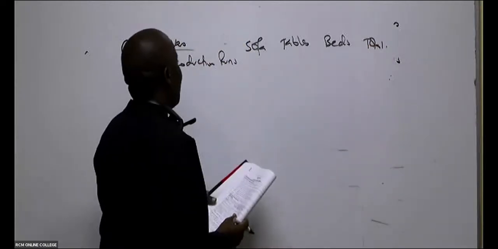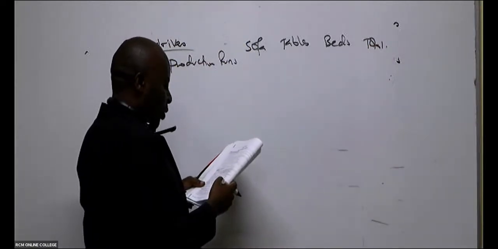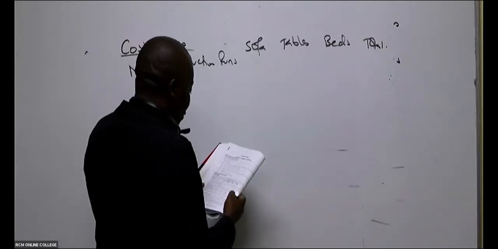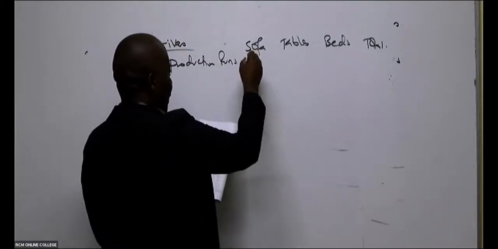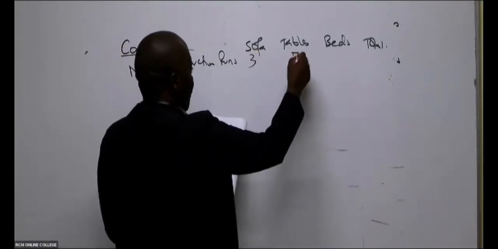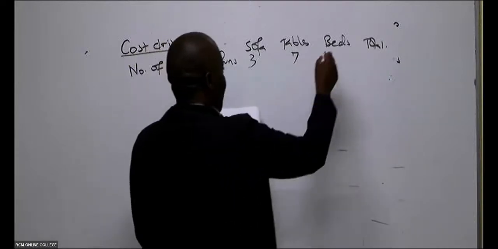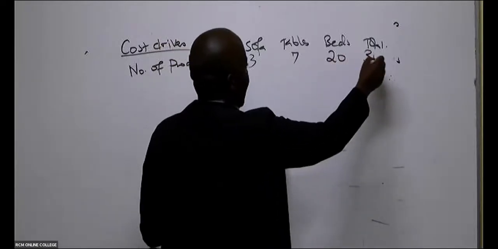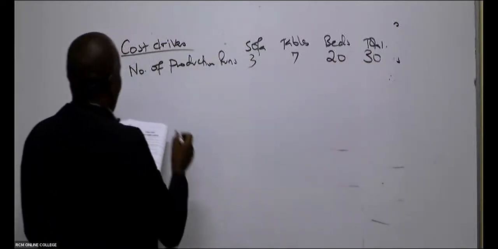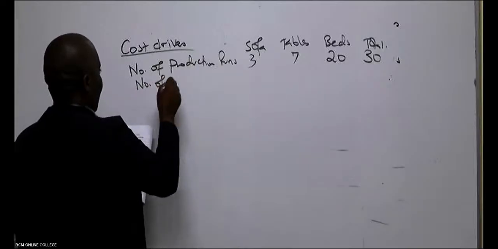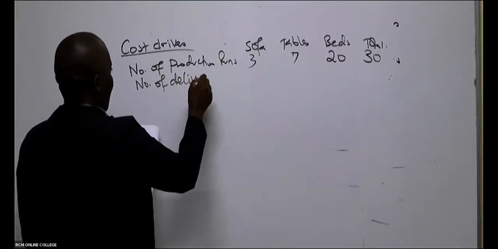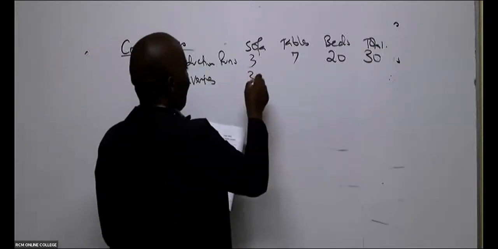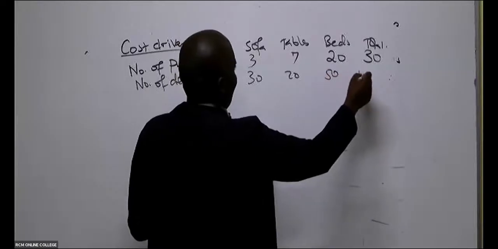These are really important. So number of production runs, I can see we have 3, we have 7, and 20. When you add them, we shall get 30, right? Then we have number of deliveries: 30, 20, 50, giving us 100.